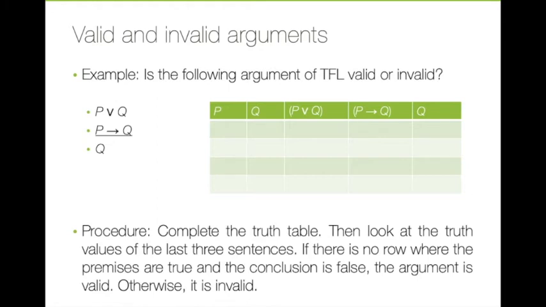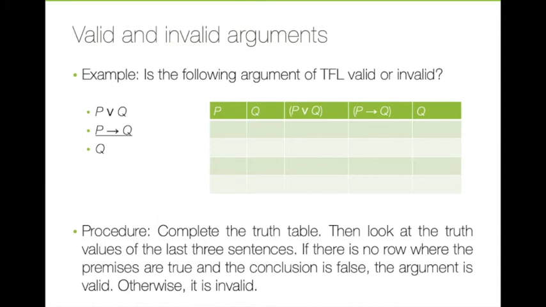So already to the right here, I have the structure of the truth table set up. This should be pretty familiar from what we did in the previous video with multiple sentences. It's just that here we have to pay attention to the difference between the premises and the conclusion. So the first two columns are for the two simple sentences, P and Q, that appear in the argument. Those are the only two. After that, we have to list each in a separate column the three sentences of the argument.